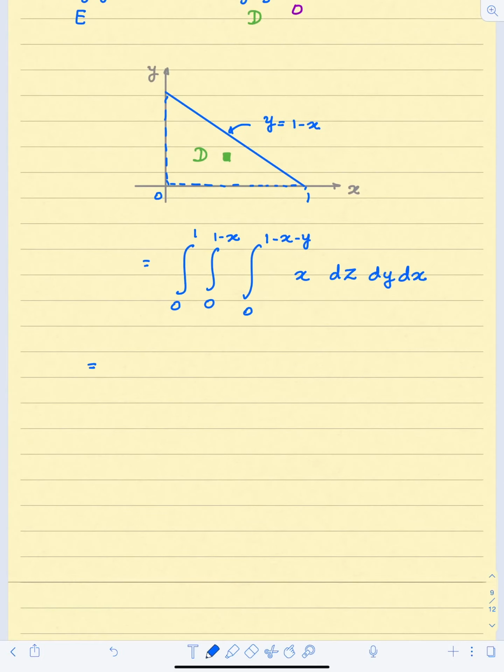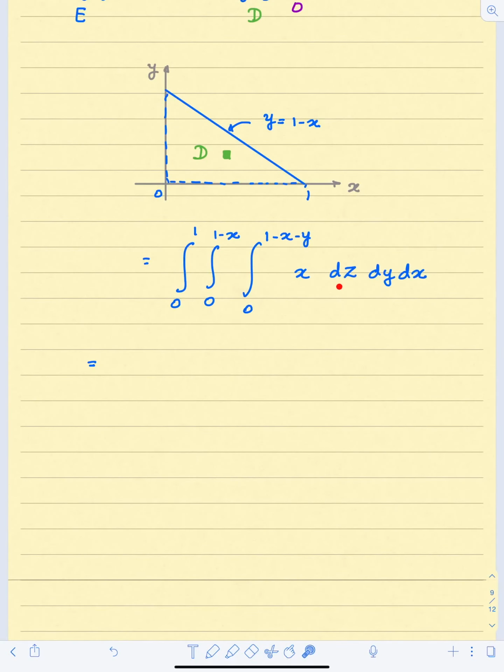Okay. My first variable of integration is the z variable. With respect to the z variable, x is a constant, and if you integrate a constant, you will get that constant times the variable of integration. Therefore you will get x times z. The lower limit of z is 0, upper limit of z is 1 minus x minus y, dy dx.